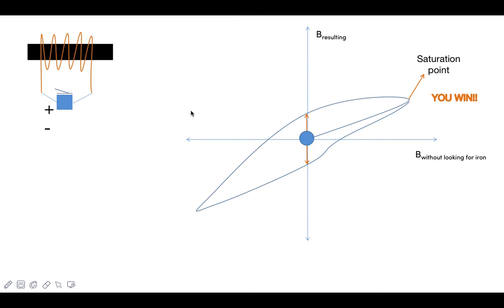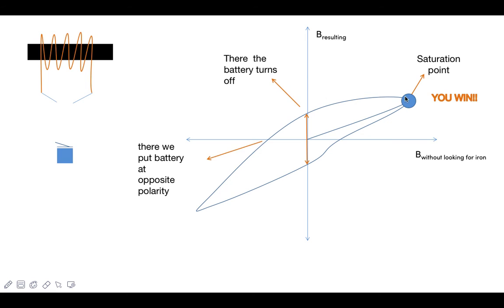When you disconnect the battery, what will happen then? The magnetization will gradually fade, and your point will reach over here when the battery is turned off.